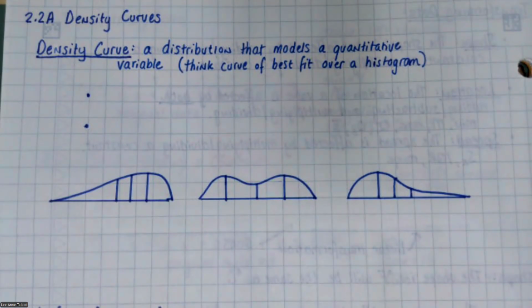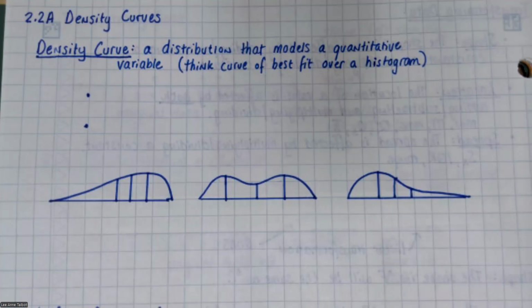And what I want you to think about is to pretend that you're in chapter one, not chapter two. Look at these curves and imagine that there's a rough histogram living underneath there. You kind of glaze your eyes over a little bit and draw a curve over it to represent the shape of that histogram.